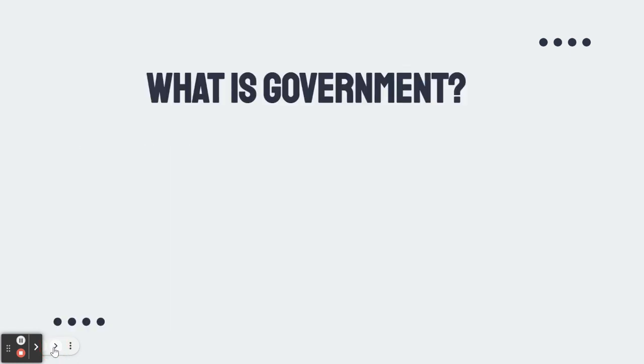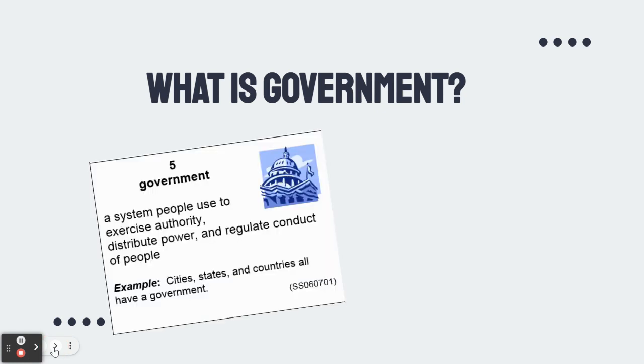Okay, so what is government? Look in the slide that says vocab alert, and I just want you to jot down these definitions. So, first of all, government is a system. It's a system that people use to exercise authority, which is just kind of like being in charge, distribute power, and regulate the conduct of people.